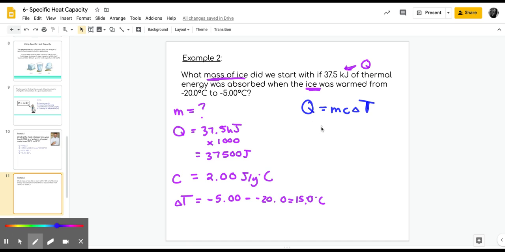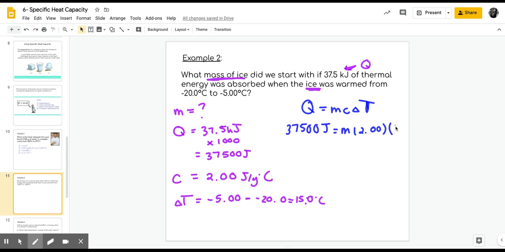All right, so what we're going to do, we're going to plug in our information that we know based on all of the numbers we've pulled from the question already. So Q is 37,500 joules equals to mass. We don't know, so I'm going to leave that as my M. My C is 2.00.